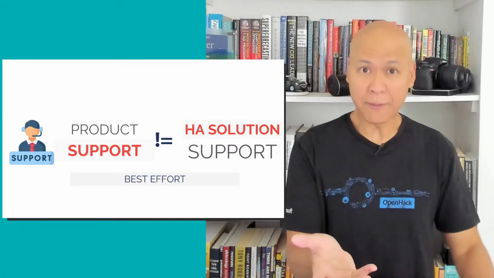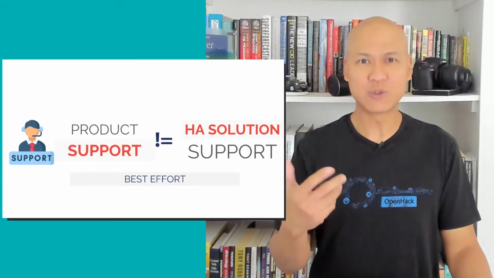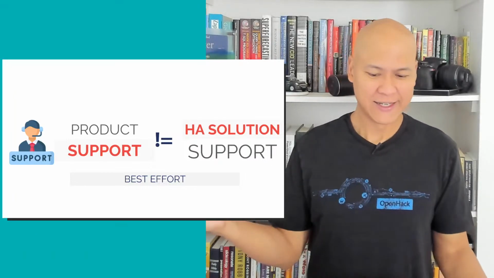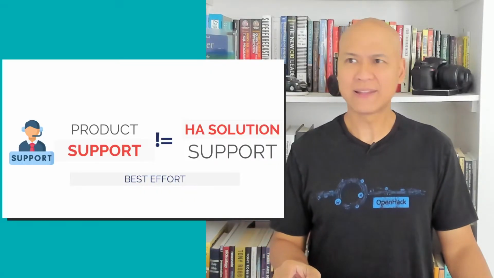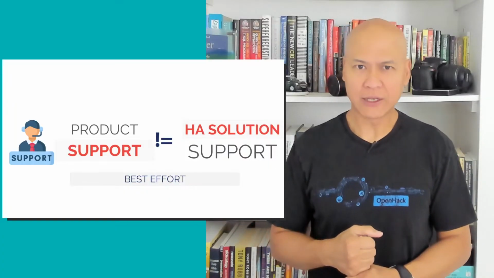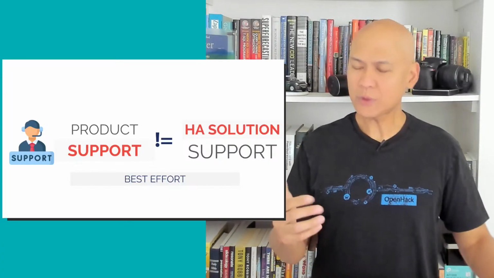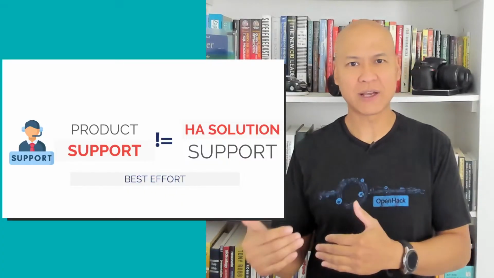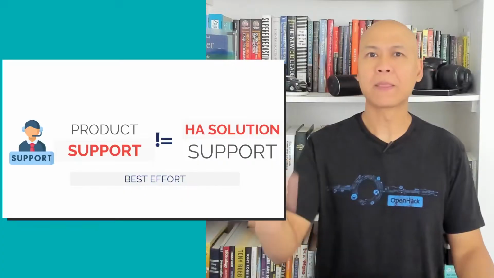They would recommend it, but that does not necessarily mean that they would support it. I say best effort because I always put myself in the shoes of the customer, and there is an outage. Whether the outage happens on the database side or on the app side, first point of contact will be the vendor.